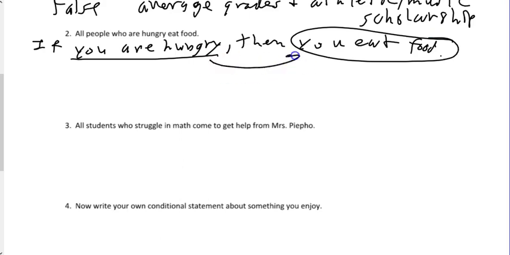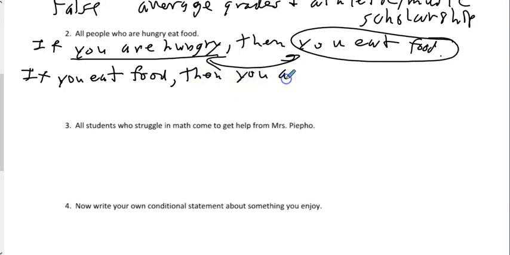Now the converse, flip these, switch them. If you eat food, then you are hungry, or were hungry. Again, could be true, but not necessarily, so we're going to say false.